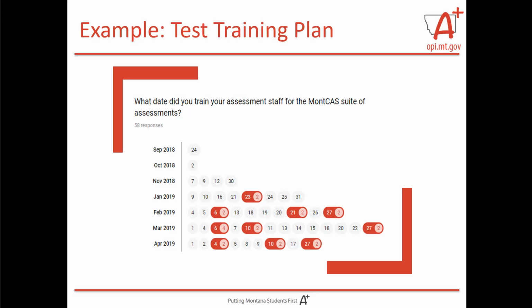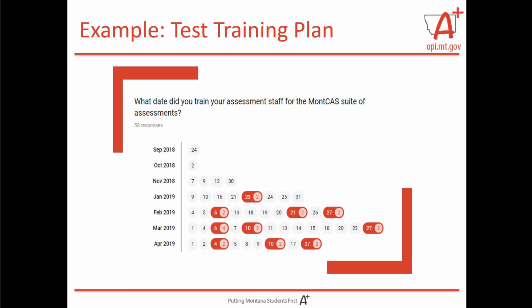With that test window example in mind, 58 STCs from 319 school systems reported via the STC debrief survey for the 2018-2019 assessments that the staff training for assessments typically occurs as early as January 23rd. Based on the last slide, why is this training in January potentially problematic?